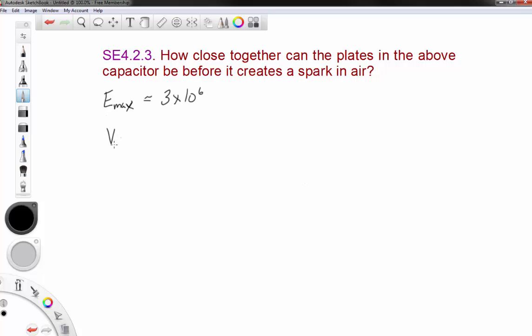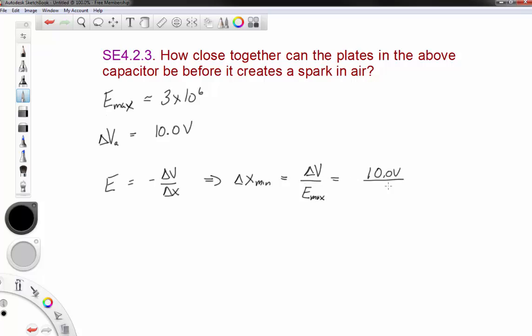We're given that the voltage drop is actually 10.0 volts, and we know that E is delta V over delta X. So put all this together, and what you get is that delta X minimum is given by delta V divided by E max. So that is going to be 10.0 volts divided by 3 times 10 to the 6th volts per meter.